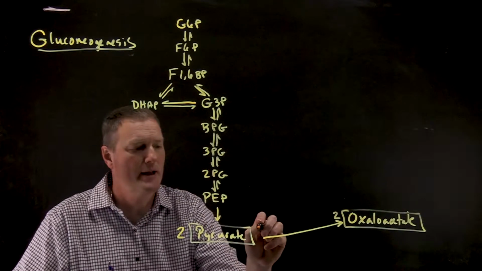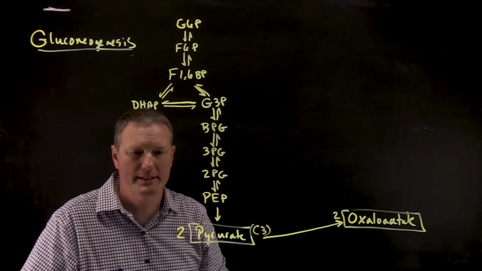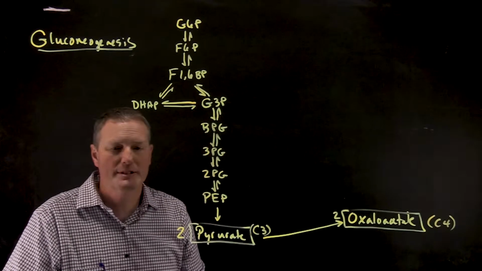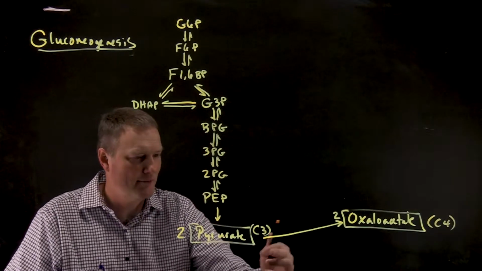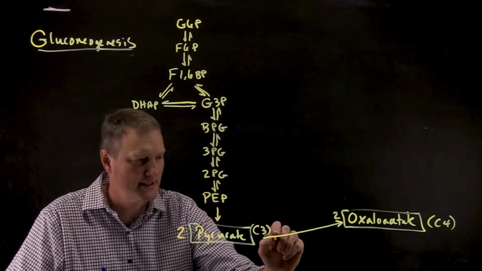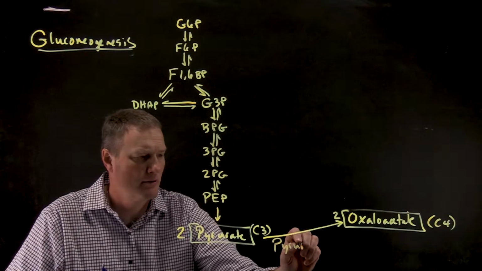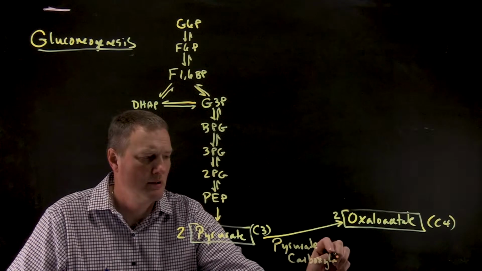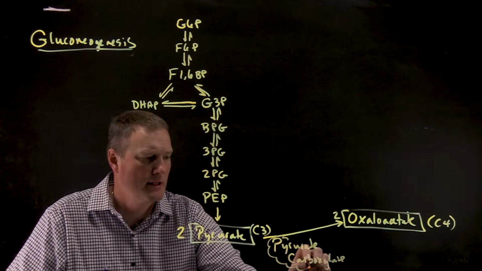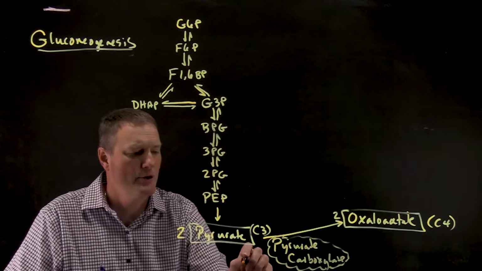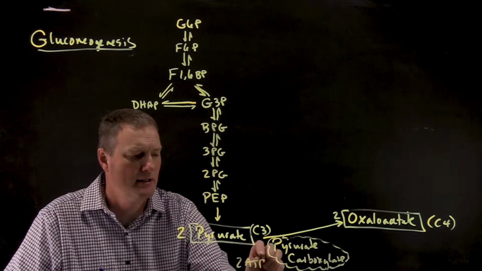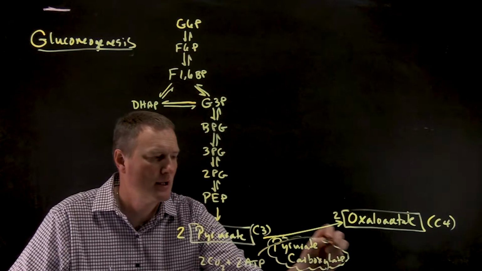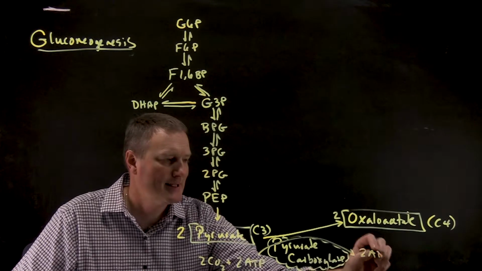Now recall that pyruvate is a C3 compound, so there's 3 carbons in that. Oxaloacetate is a C4 compound. And what's going to happen is the enzyme involved in this, called pyruvate carboxylase, so that's our enzyme, is going to take 2 ATP plus 2 CO2s and convert that to 2 ADPs.